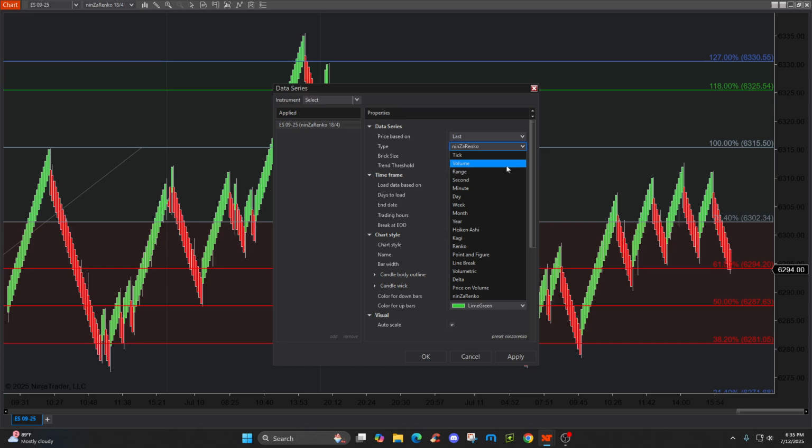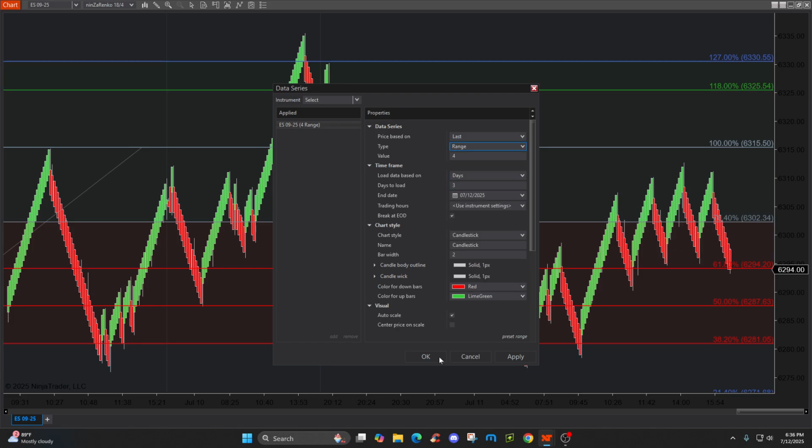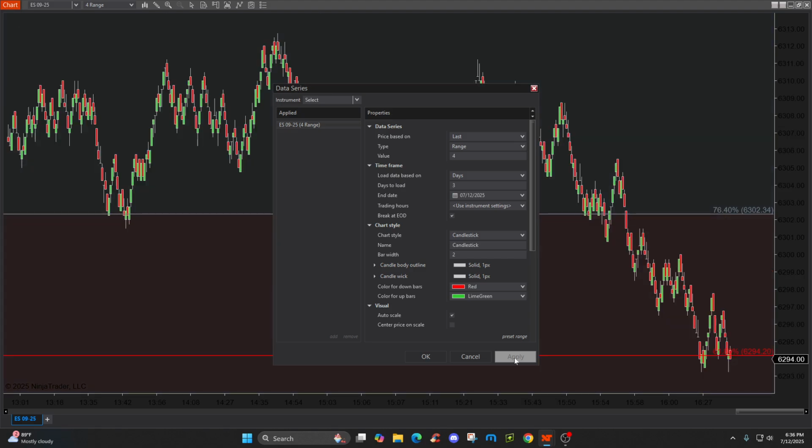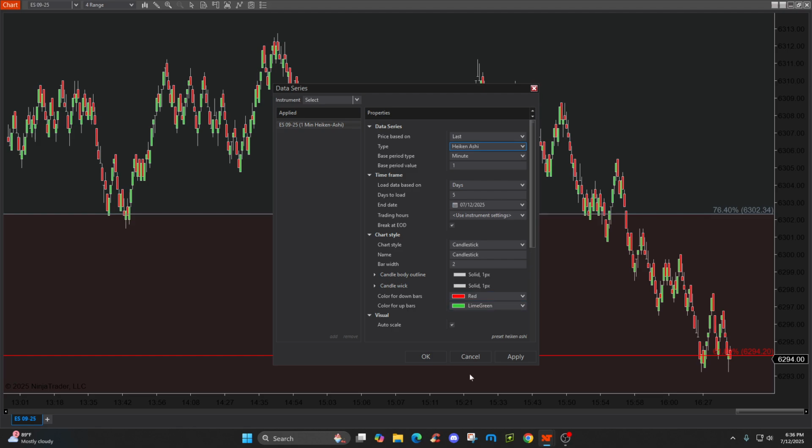Just for the heck of it, you want to see range bars? Ooh, no thank you. I don't even see candlesticks on here. Hey, Heikin-Ashi.